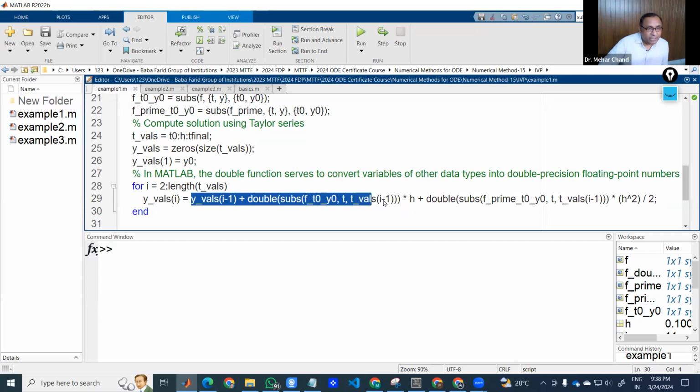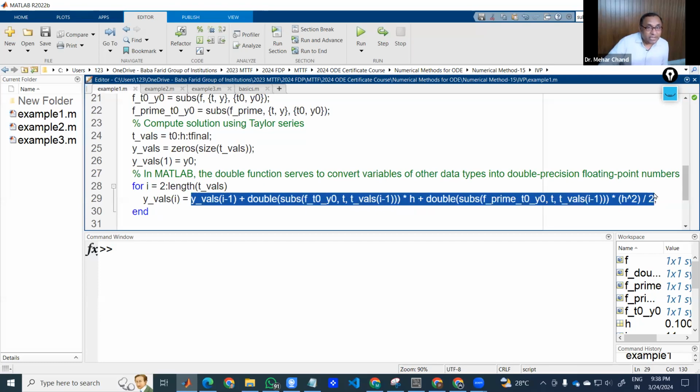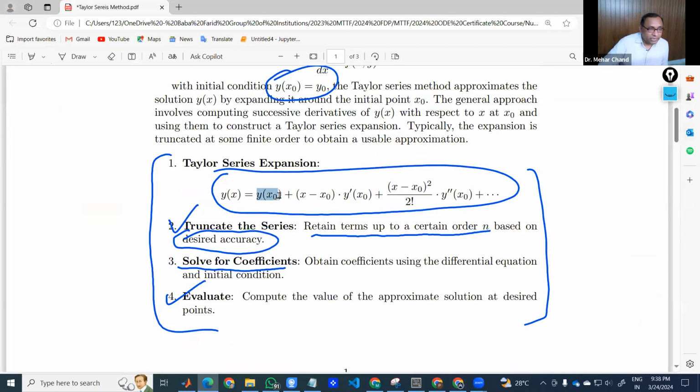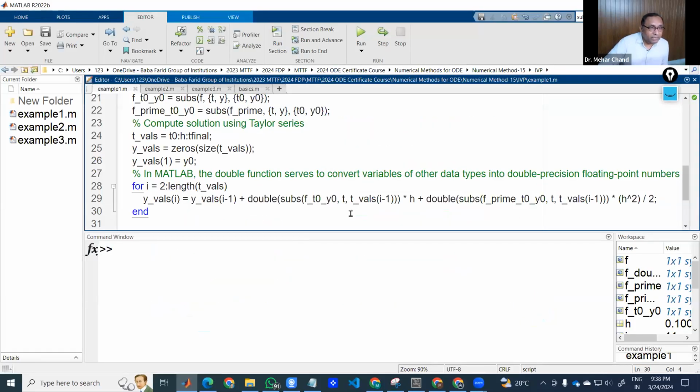After that we have the Taylor series. See here, this is y naught, then y dash, and then y double dash, but remember that y dash will be equal to f of t, y. In our case, this will be f of t, y.